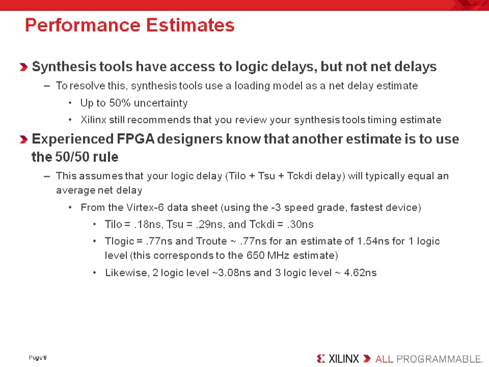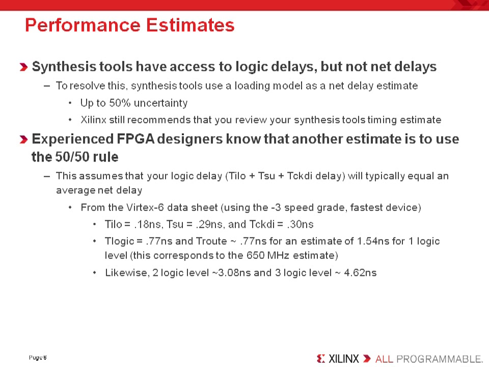Or if you're using 60-40, usually logic is 60% and routing is 40%. This assumes that your logic delay, which is a LUT delay, will include a setup time and a clock to output time on a CLB register, will typically equal an average net delay. You get the idea? The logic delay here, the LUT, the setup, and the clock to out will be equivalent to the net delay for an estimate.